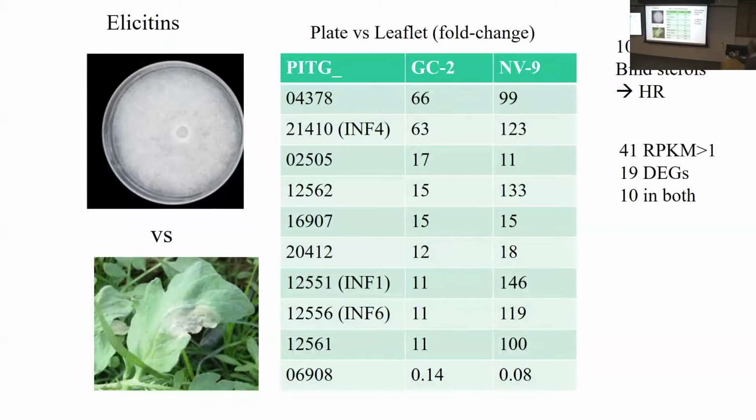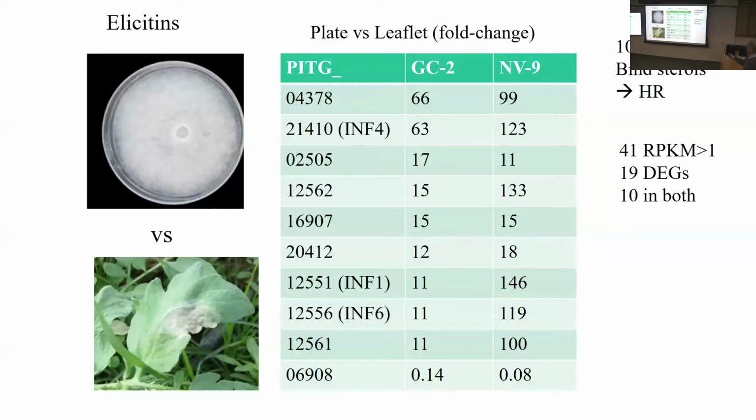We detected 41 with an RPKM greater than 1. 19 of these were DEGs, and there were 10 that were DEGs in both strains, GC here and V there. And so this illustrates the difference between plate and leaflet sporangia, the fold change.